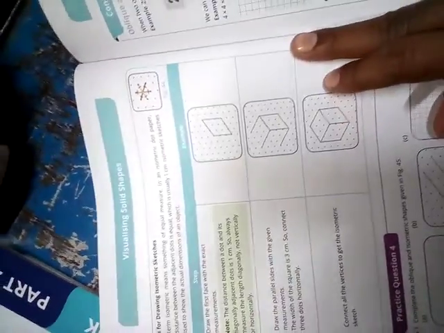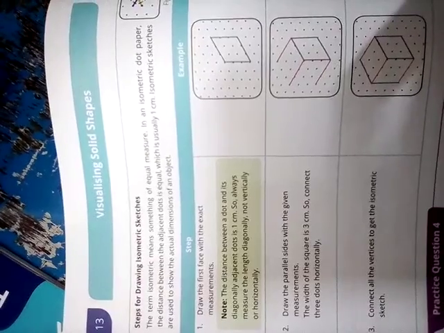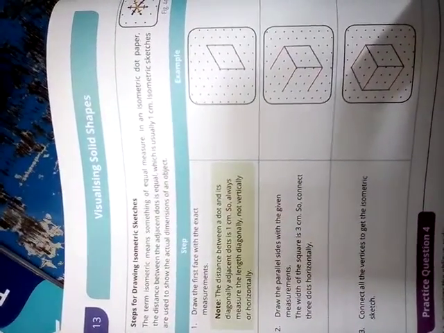Okay, students, this method is based on the isometric sketch. The term isometric means of equal measure. In an isometric dot paper, the distance between the dots is equal, which is usually 1 centimeter.